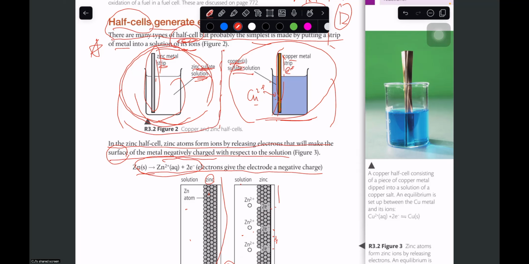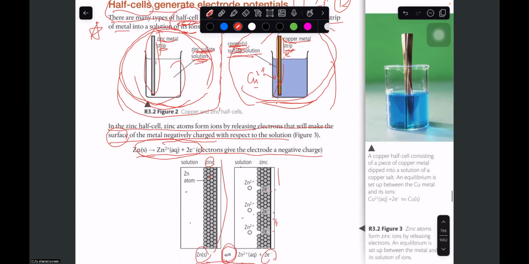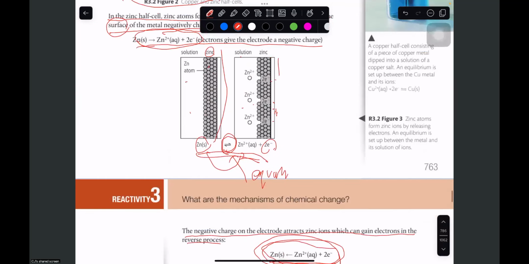This is a half cell. And this is the copper. We use a copper metal strip and put it into the copper sulfate solution. This apparatus is called the half cell.